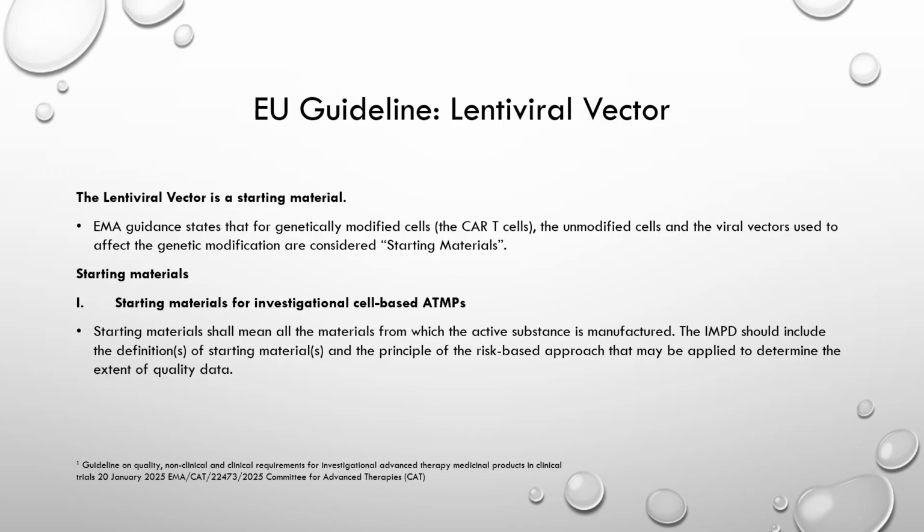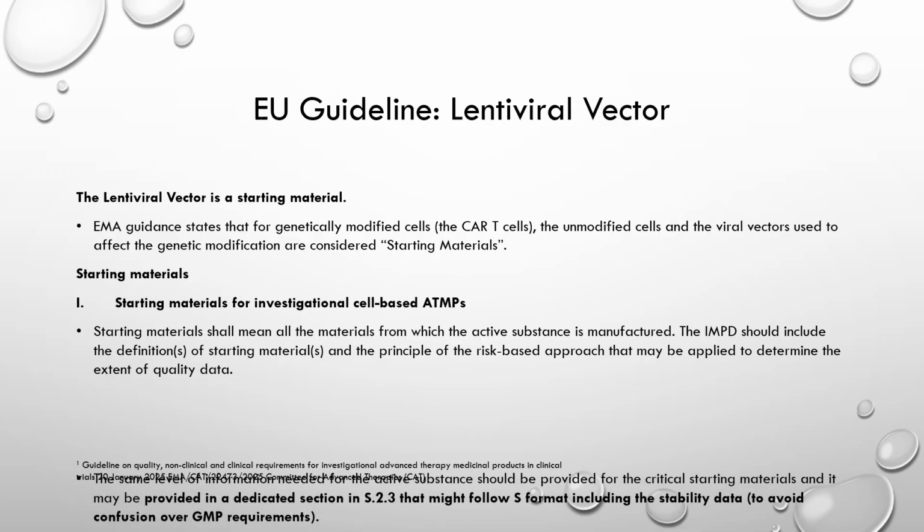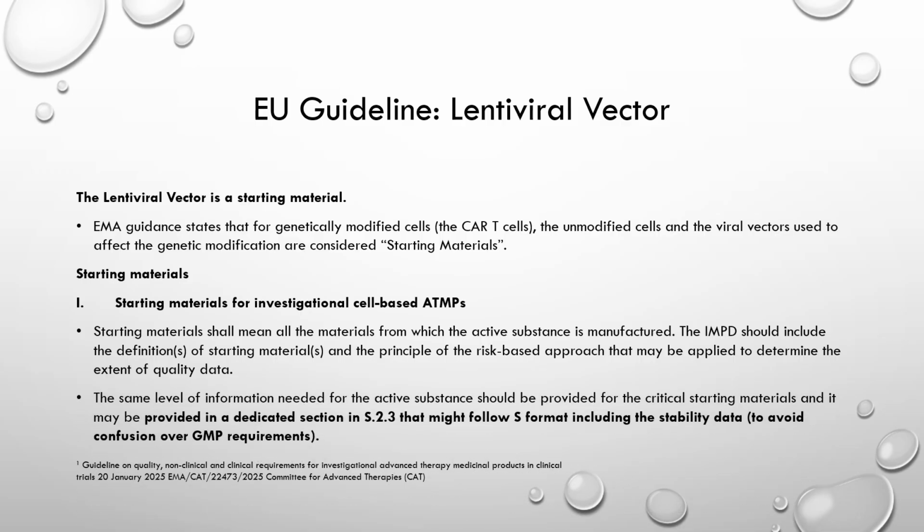So, you need to do a risk assessment on the actual starting materials to determine how much information you're going to provide. And the same level of information needed for the active substance should be provided for the critical starting material. It may be provided in a dedicated section in S23 that might follow the S format, including stability data, to avoid confusion over GMP requirements.